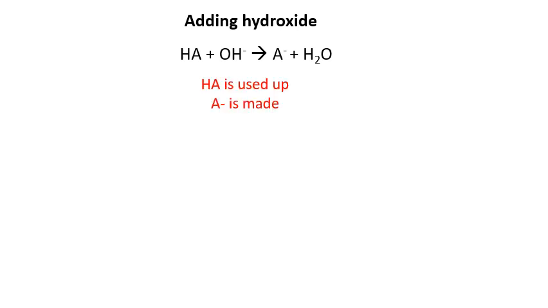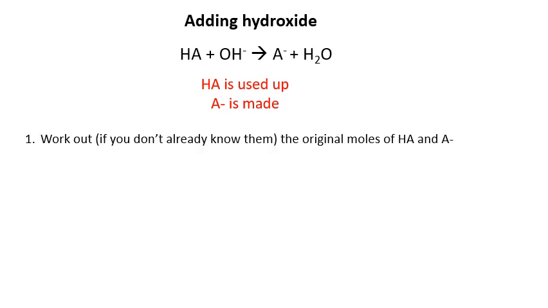Now if we look at the equation for the reaction of hydroxide with the HA, it also makes A-. So when you add hydroxide to your buffer, you use up some of your HA and you make some extra A-.